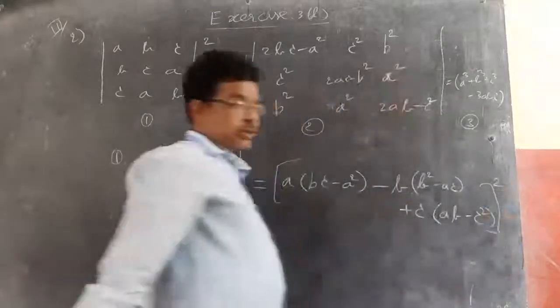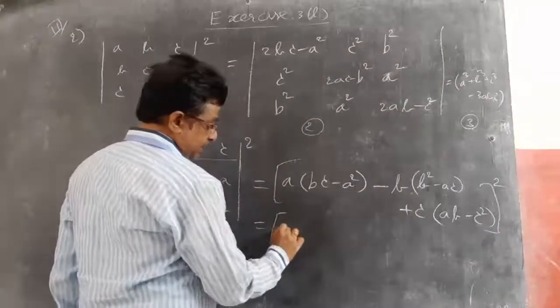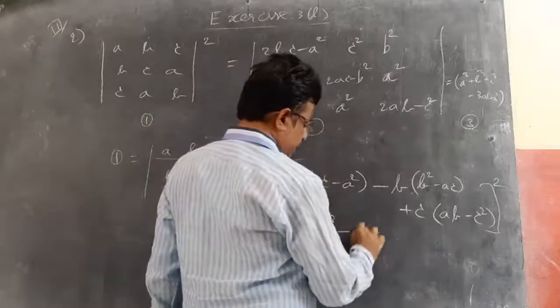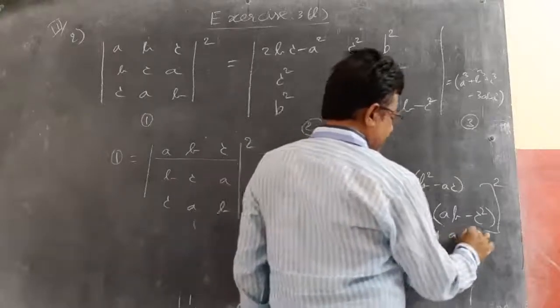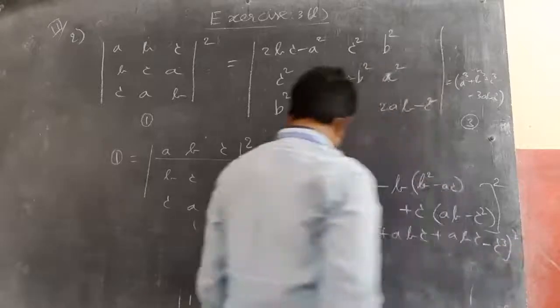Expanding the determinant with the first row, I got this. So by simplifying, abc minus a cube minus b cube plus abc plus abc minus c cube, whole square.